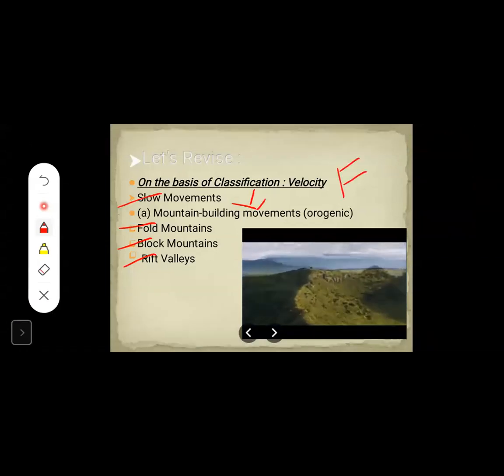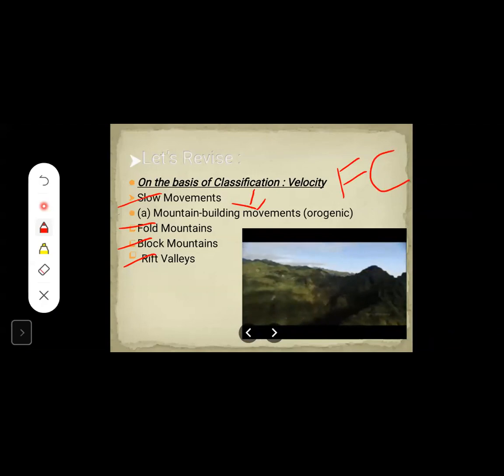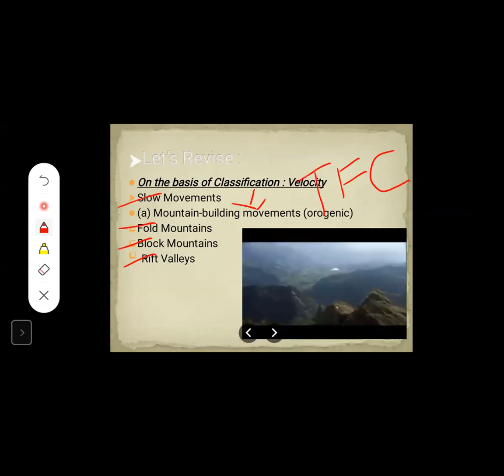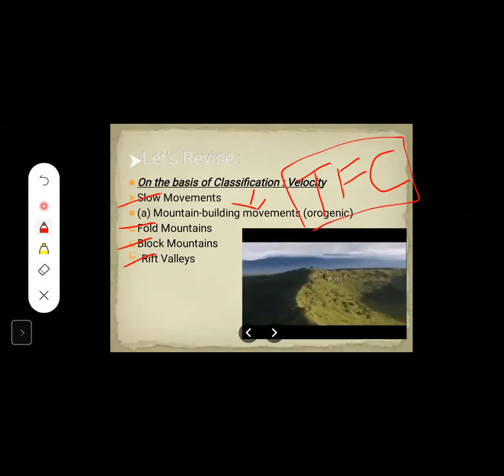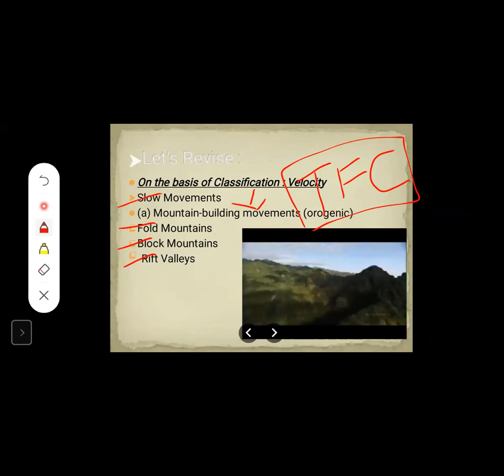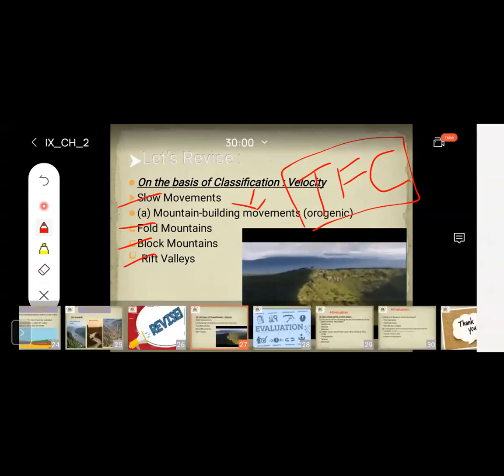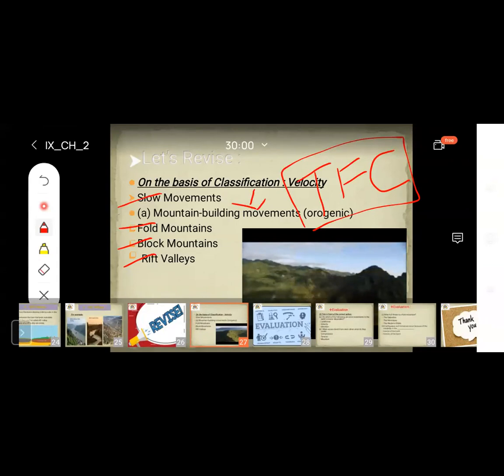Yes, C for compression and T for tension. These 3 words you are going to keep in your mind. Tension, faults and compression. With these 3 words, the slow movements occur.